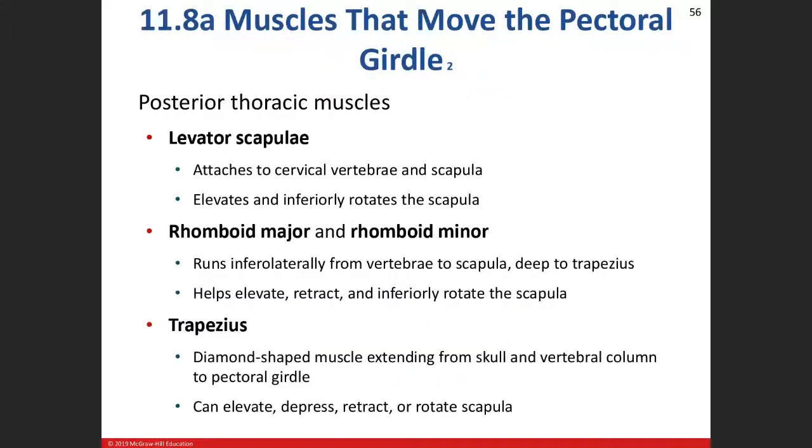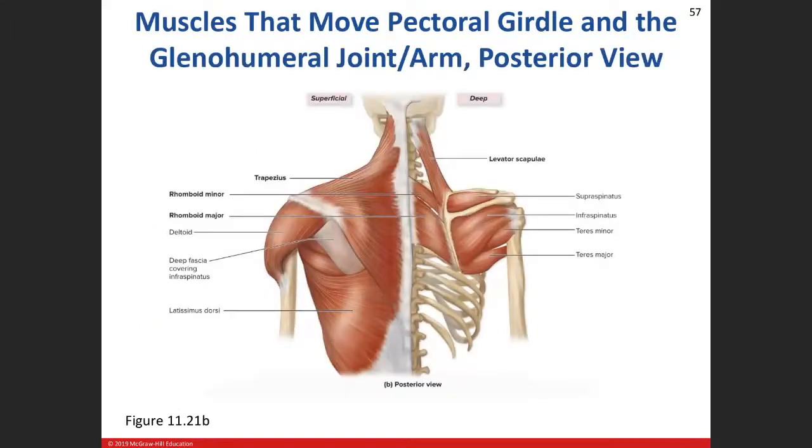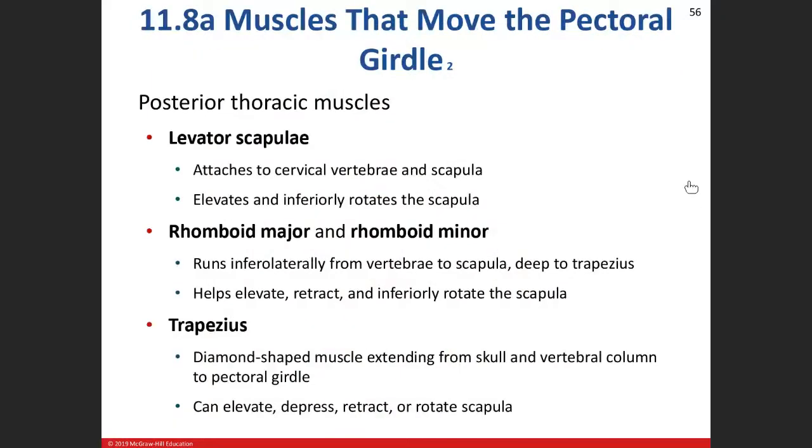If you look at it, it's going to help retract or pull the scapula closer to the vertebral spine. Because of the angle of the muscle fibers, they go up and in. So if we contract both rhomboid major and minor on both sides, it will help to elevate the scapula superiorly.